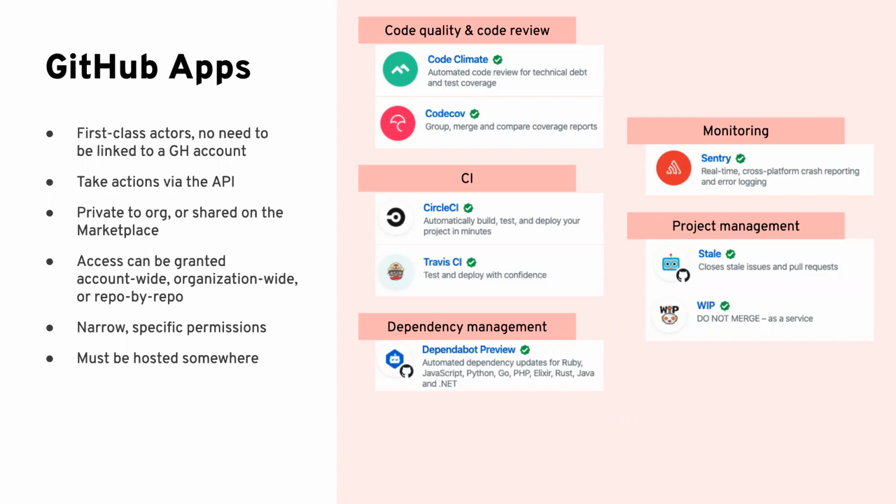All of these apps use the GitHub API to interact with the repositories and specifically target the pull requests and issue endpoints once they're installed to interact with these actions.